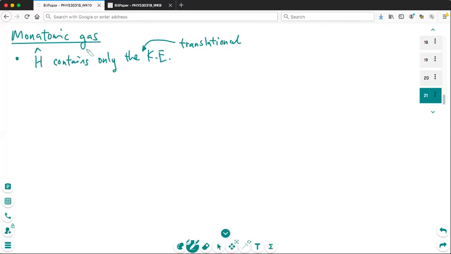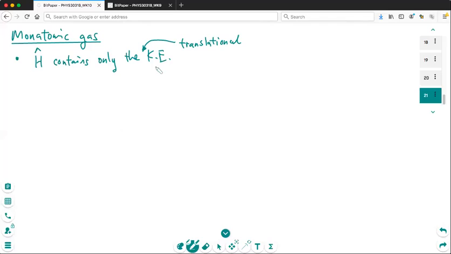In a simple case like this, we only have a simple kinetic energy term, and that is why we have fully solved the problem and can get very good predictions now.